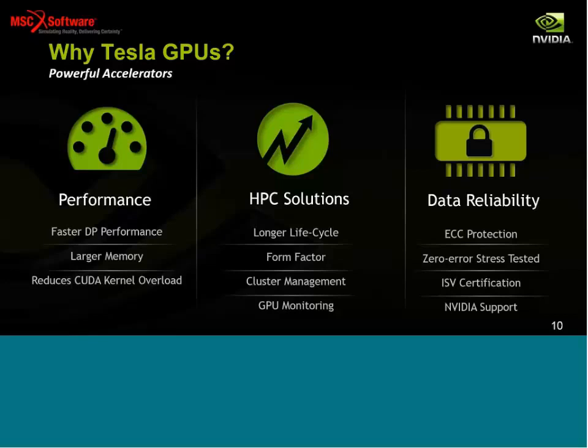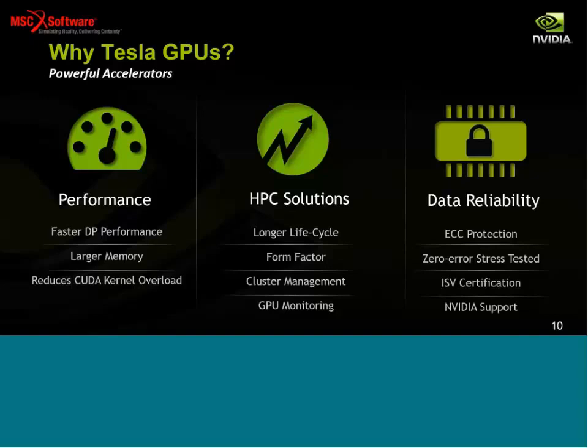When you look at performance, many scientific codes compute in double precision today, and MSC Nastran is no exception. Tesla GPUs feature high double precision floating point performance. GeForce cards, on the other hand, have high floating point performance in single precision mode, so they simply will not do the job that Tesla boards can do.